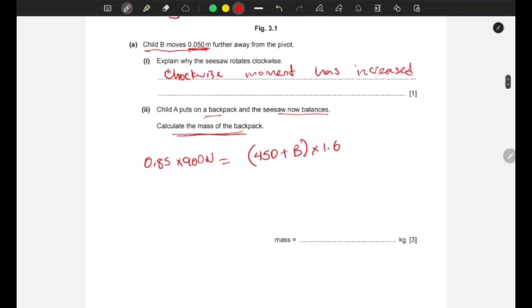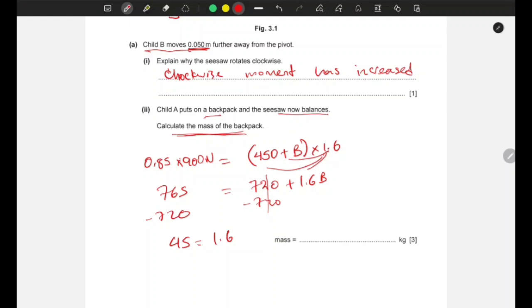So this gives us 765 equals, distributing 1.6, 720 plus 1.6b. We can subtract 720 from both sides. We get 45 equals 1.6b.